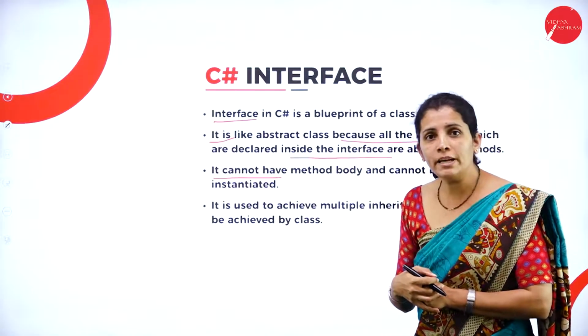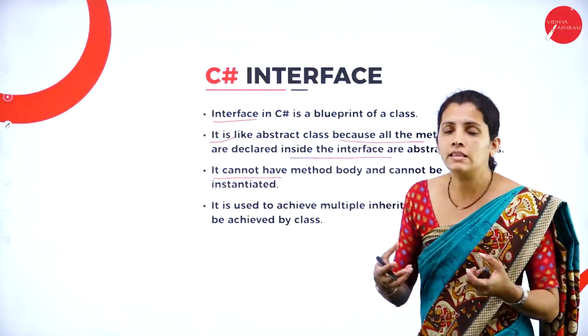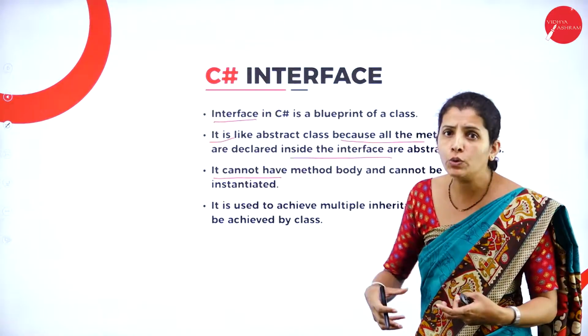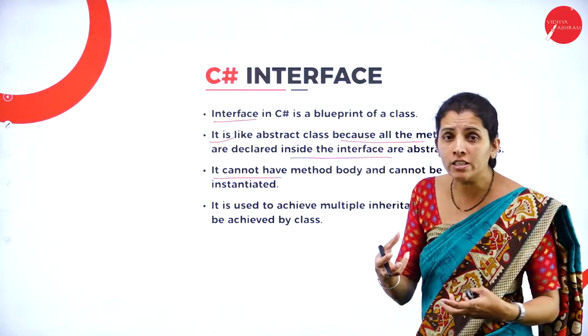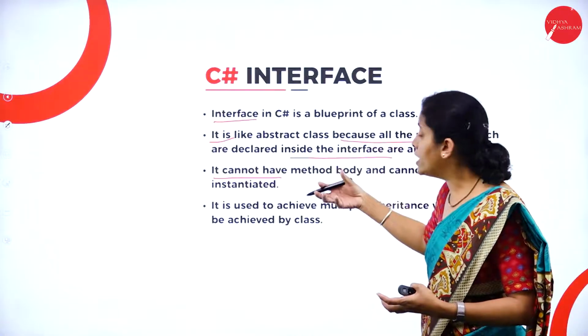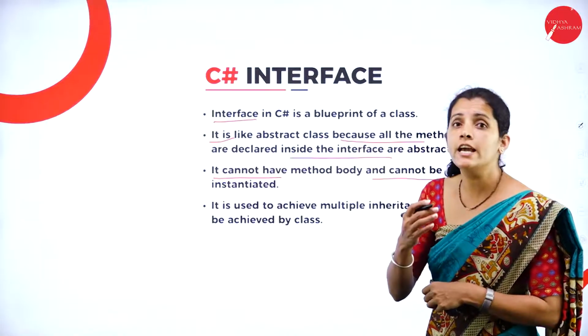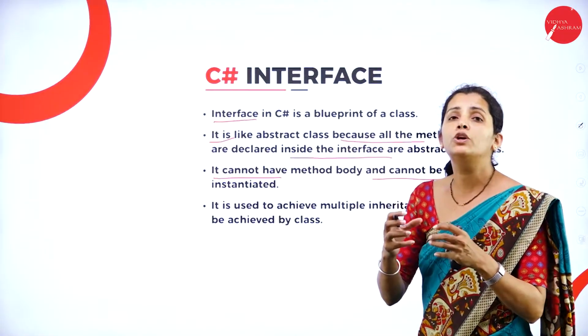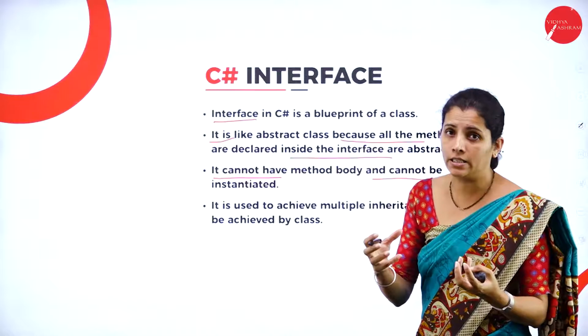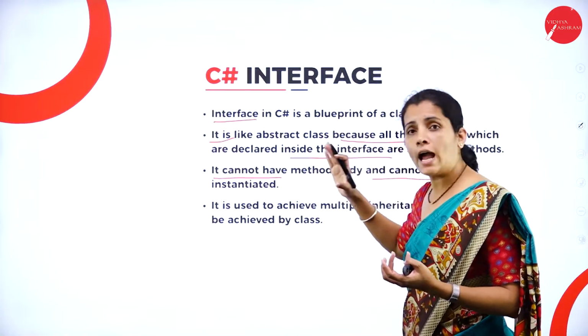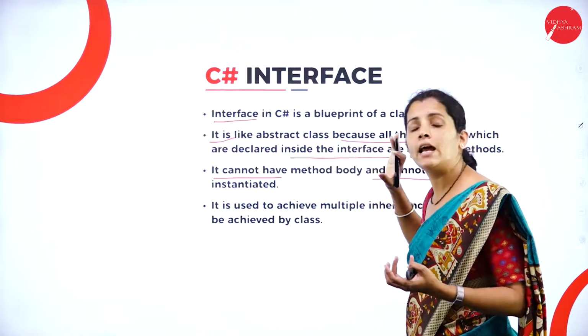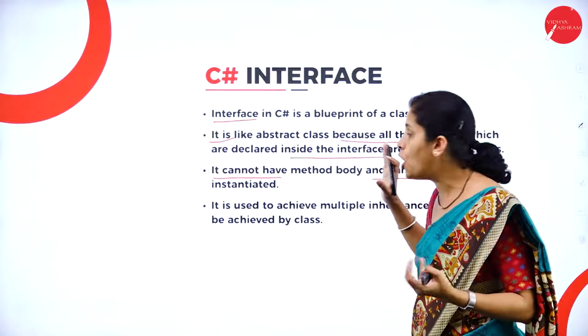Method implementation in the sense of what? Method body. That means I am not going to write the implementation. It cannot be instantiated, that means I am not going to create the object. So it does not have any body and I am not going to create the object.